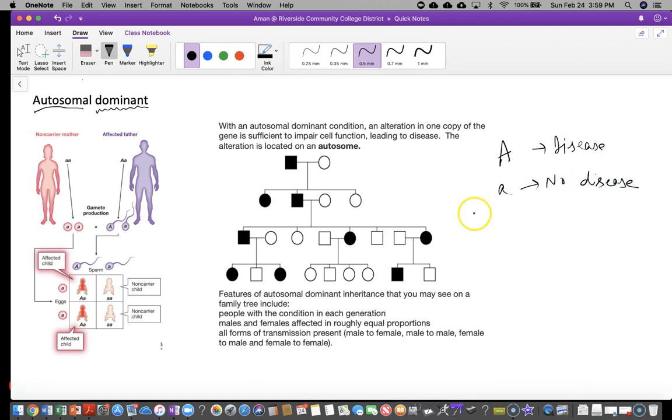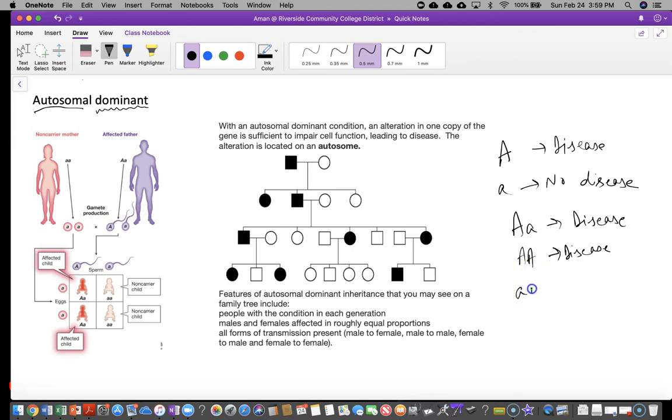Okay, so let's talk about different combinations. If you've got capital A, small a, this person is going to have the disease because this is a dominant disease. If there's capital A, it's going to mask the small a, and it's going to show up the disease because capital A is there. If you've got capital A, capital A, of course there's going to be disease because it's a dominant disease, and having a dominant allele is going to cause the disease to show up.